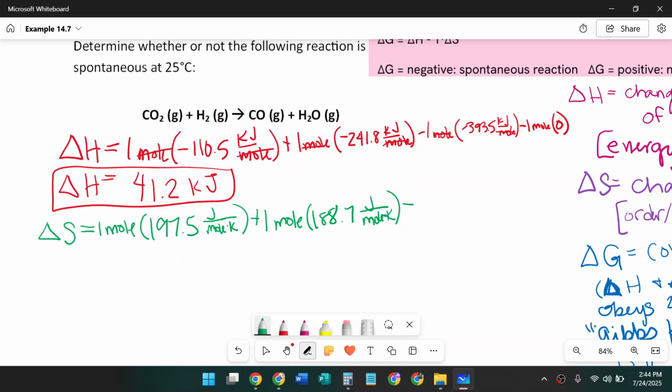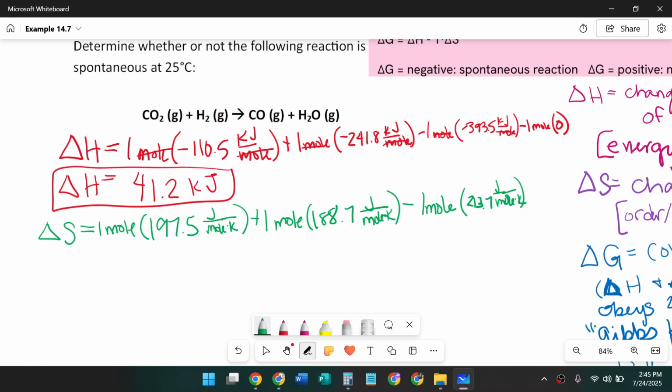All right, and then carbon dioxide, we have 1 mole of that one. I'm going to run out of room again. Carbon dioxide, it's in the second column, second one down, that's 213.7. That's joules per mole times Kelvin, or molic as I call it.